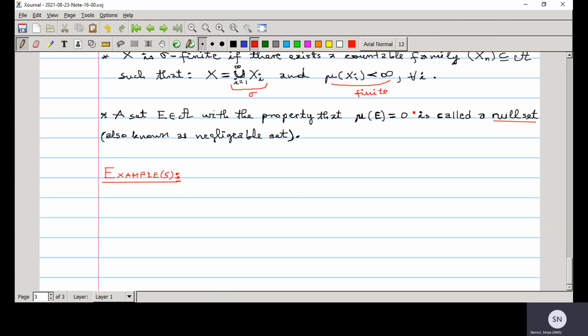Now, if I take X equal to R, so if I take X equal to R, in our A we take the Borel sigma algebra.